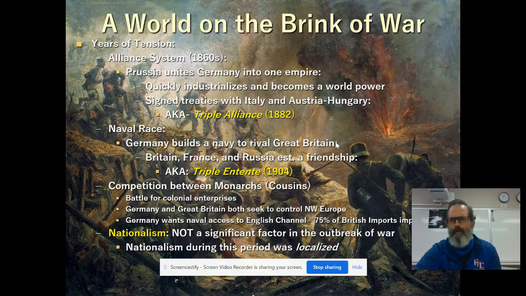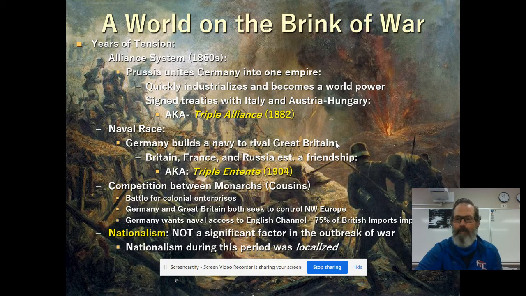Something else that's interesting is that for hundreds of years, families had married children off to other families as part of treaties in Europe. What this left at this time frame was a series of monarchs in all of these countries who were related. Essentially, they were all cousins. And some of these cousins didn't like each other very much.